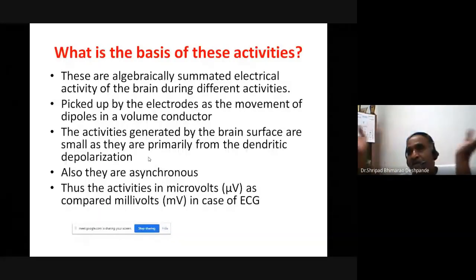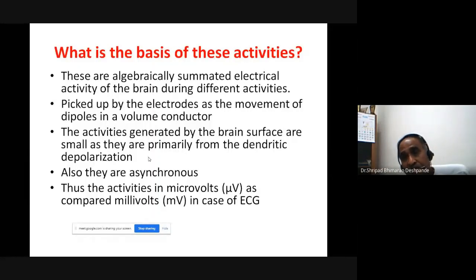This plexiform layer is only dendrites, especially the dendrites coming from layer 5 and layer 6. They make dendritic arborizations throughout, even from layer 4 also. So these dendritic arborizations will be reaching the outer molecular or plexiform layer, and they will be recorded.